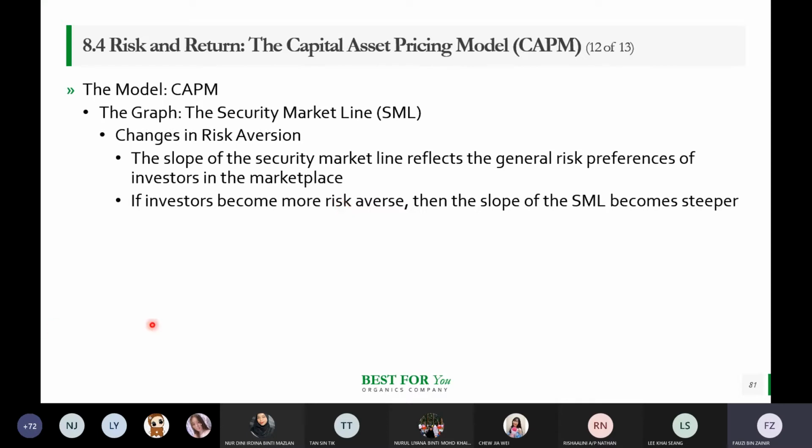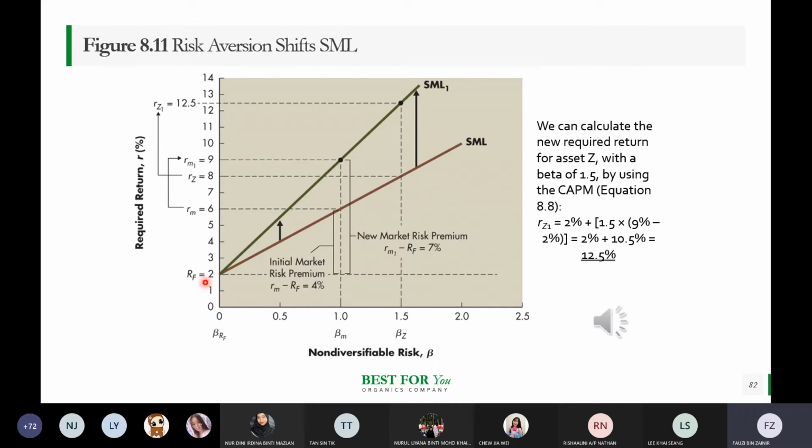Okay, so what will happen? How is it going to affect? So we can see here the changes. In the preceding examples, the SML in figure 8.9 reflected a risk-free rate RF of 2%, a market return RM of 6%, a market risk premium RM minus RF of 4%, and a required return on asset ZAG of 8% with a beta ZAG of 1.5.